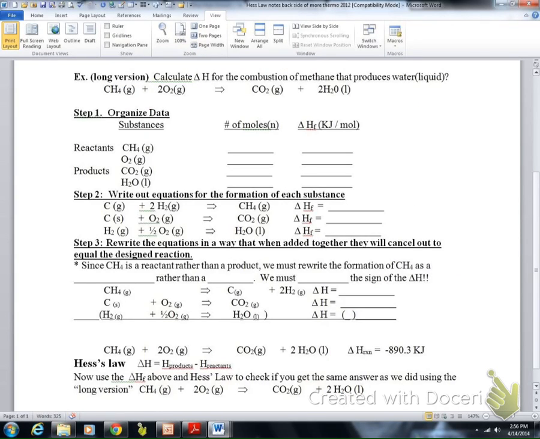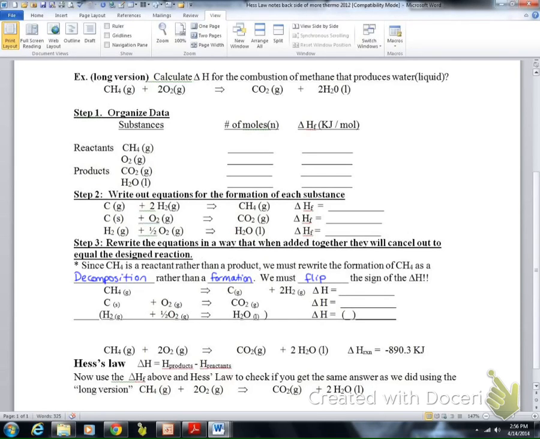So then what we do is we rewrite the equations in a way that when added together, they will cancel out to equal the designed reaction. So in this case, CH4 is a product in the formation equation, but in our parent equation it's a reactant. So what we have to do is we must rewrite the formation of CH4 as a decomposition reaction rather than a formation reaction.